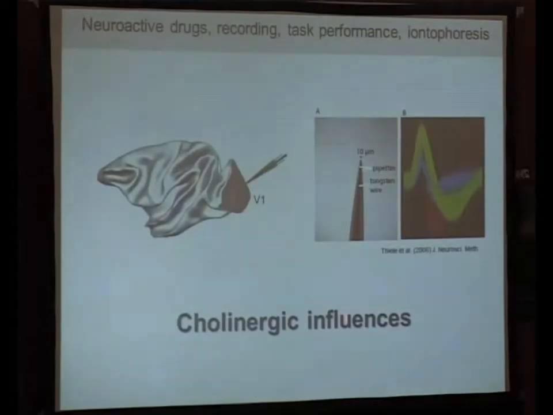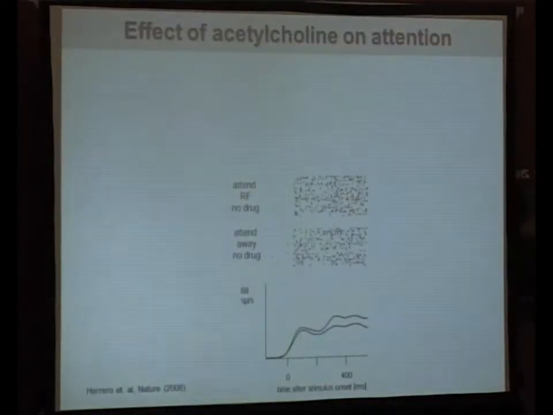And I first will talk about cholinergic influences. The first slide I'm going to show you is just so you understand actually what we're doing. We have initially a no drug condition, and this slide here shows the first half of the trials of the control no drug condition. The second half of the trials is the recovery condition, and we measure attend RF responses and attend away conditions in the no drug condition.